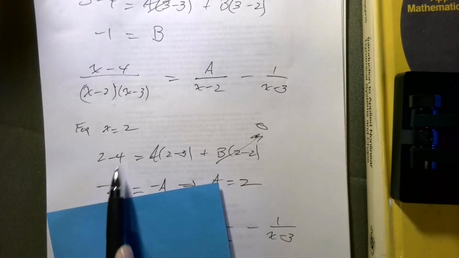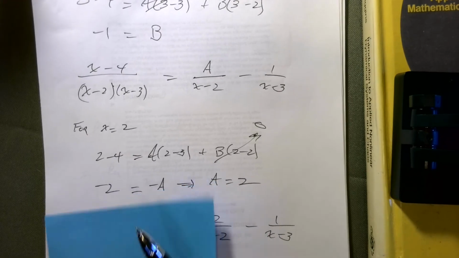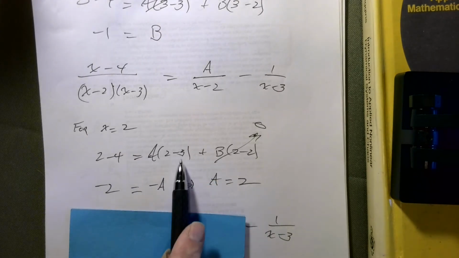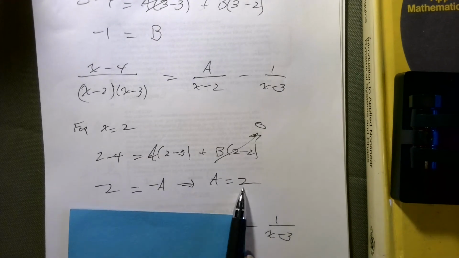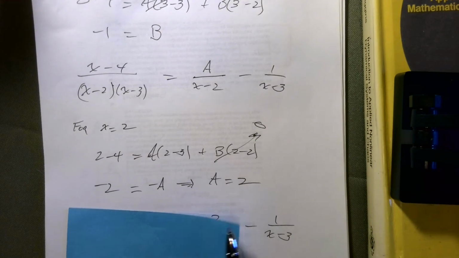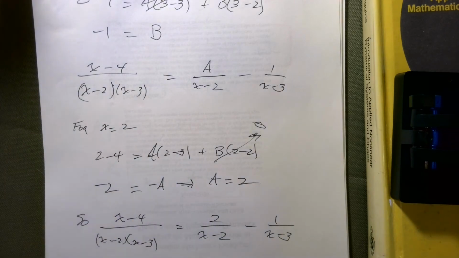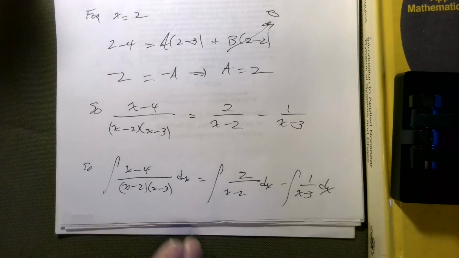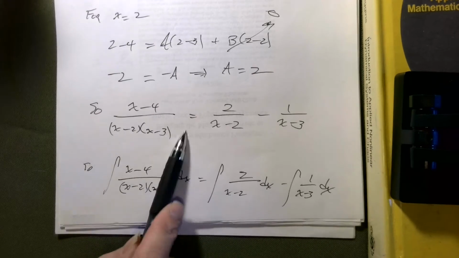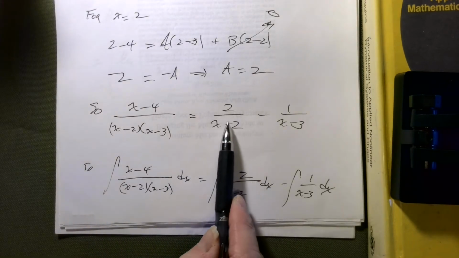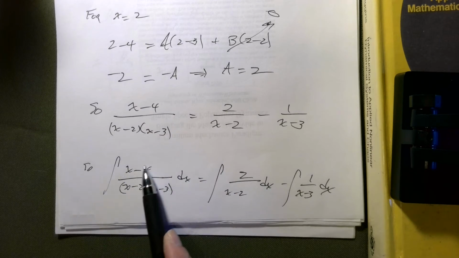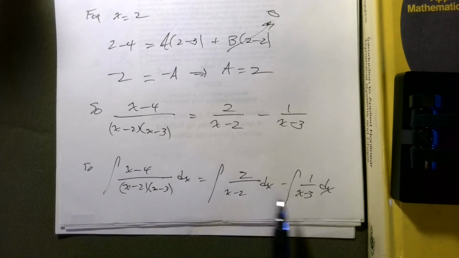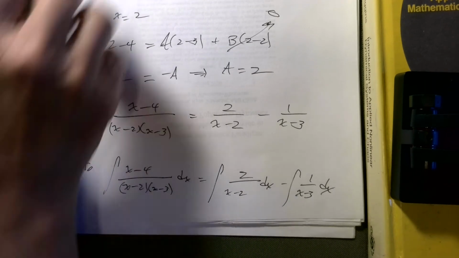So then we get 2 minus 4, which is a negative 2, and 2 minus 3, which is a negative a. So a has to be 2. So what I've done is, instead of looking at this thing, I'm going to break it up into two fractions. In order to integrate this, I'm going to integrate each of these individually.